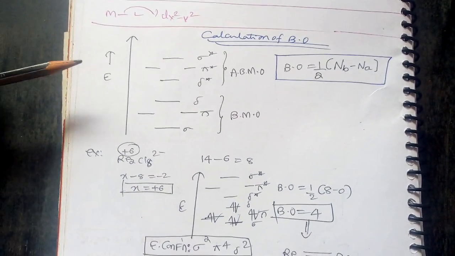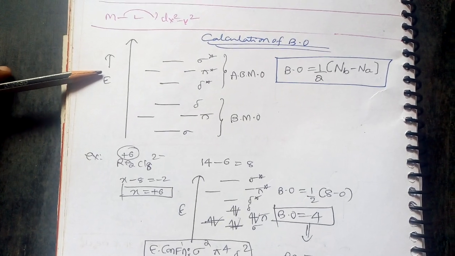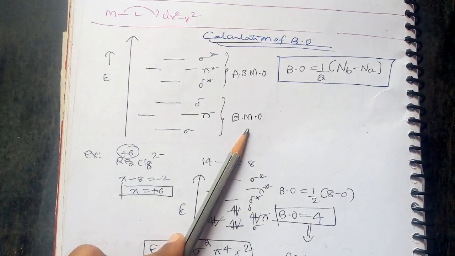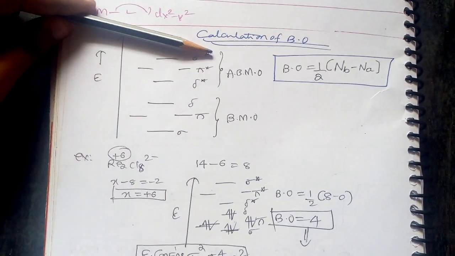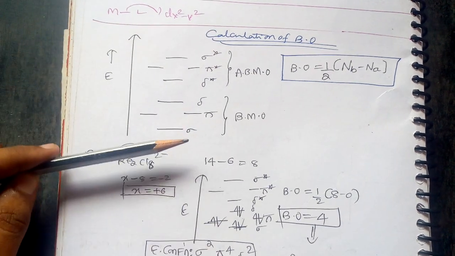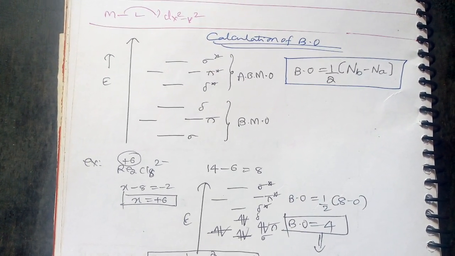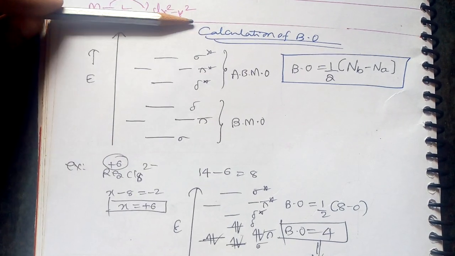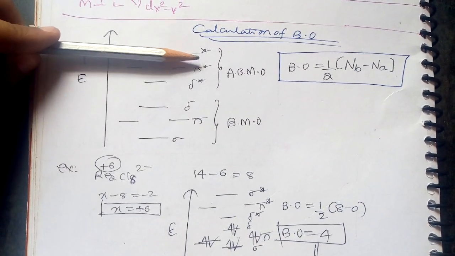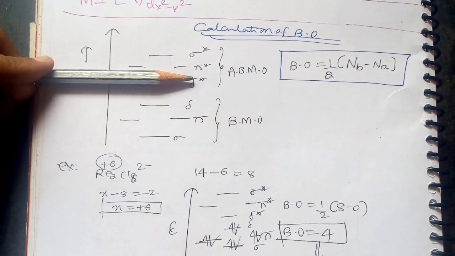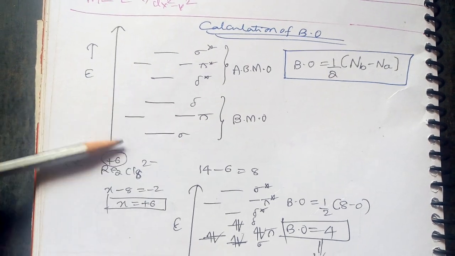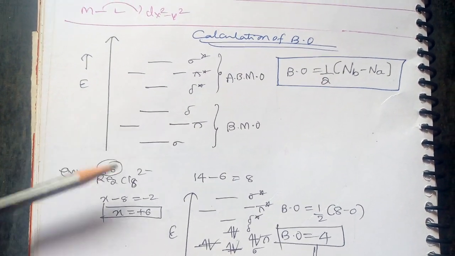Here, for this energy diagram, bonding molecular orbitals and antibonding molecular orbitals are there. To remember this energy level diagram: first sigma star, pi stars, delta star, like this. Here these four boxes are the four orbitals.